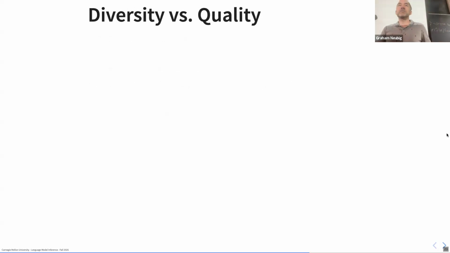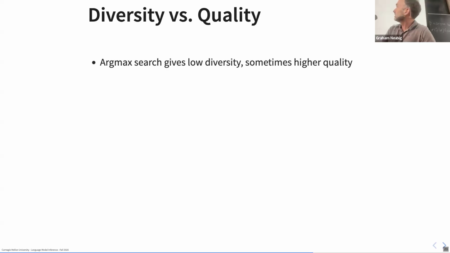Okay. So I'd also like to talk about diversity versus quality, which is kind of going into the same point. What's our goal of searching, or what's our goal of doing inference? The first is if we do argmax search, if we search for things that maximize the probability, this will often give us lower diversity.